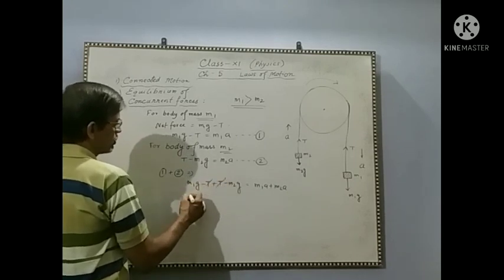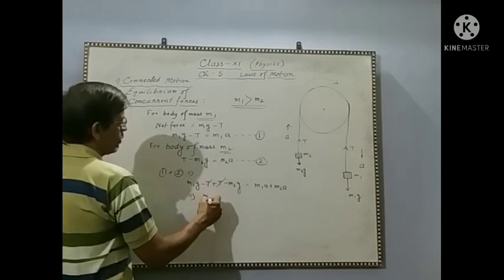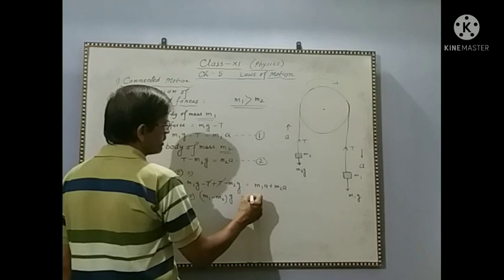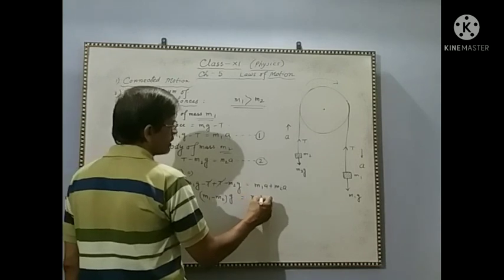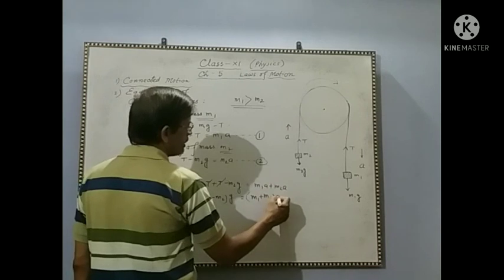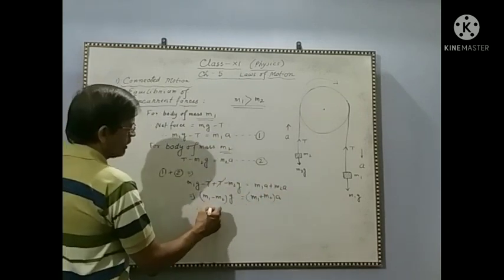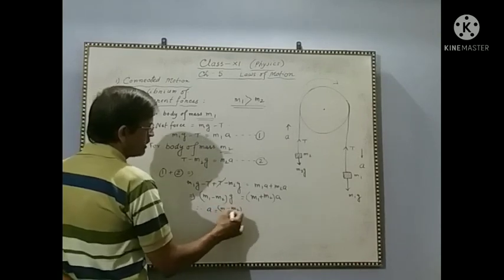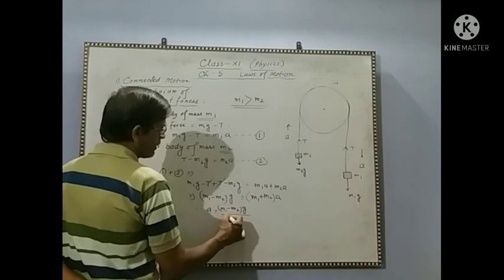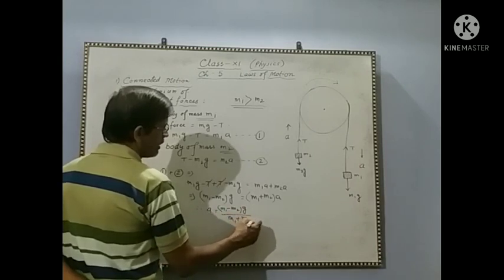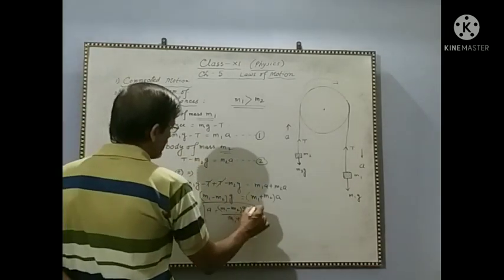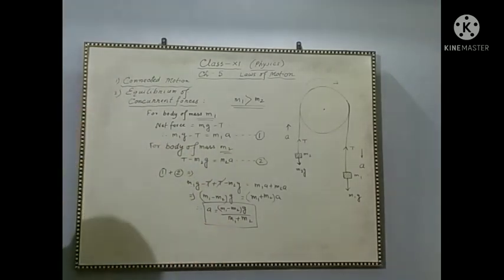T and T cancel, so it becomes M1 minus M2 into G. Here A is taken common, so M1 plus M2 into A. So what is A? Therefore A equals M1 minus M2 into G by M1 plus M2. This is the expression for acceleration.